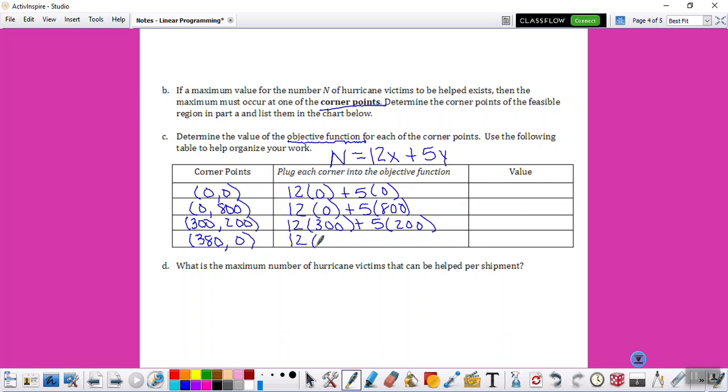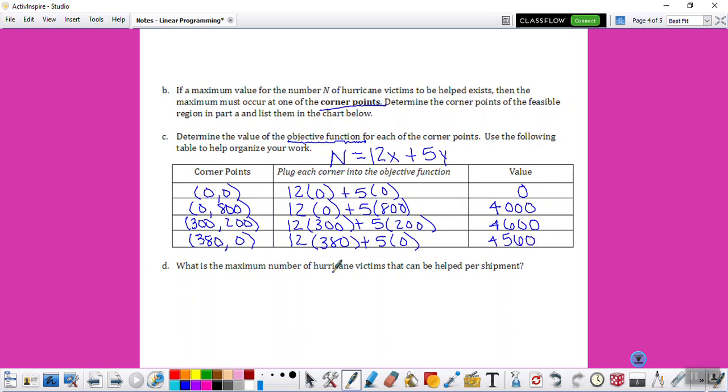And 12 times 380 plus 5 times 0. So now we're going to type each of those into our calculators. So someone would get 0, 4,000, 4,600, and for the last one we get 4,560.